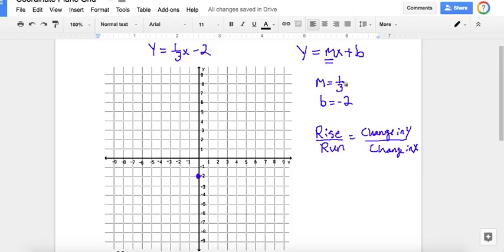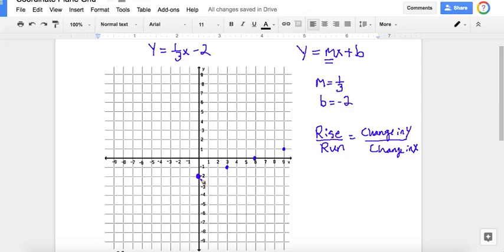So here, since our slope is 1/3, our rise is 1 and our run is 3. So I can go up 1 over 3 because we have a positive slope, up 1 over 3, up 1 over 3.